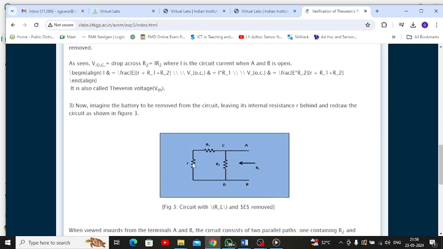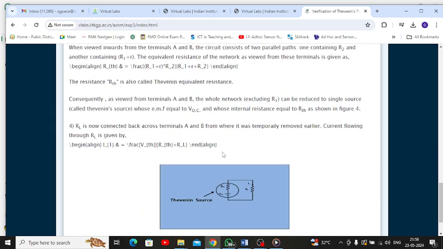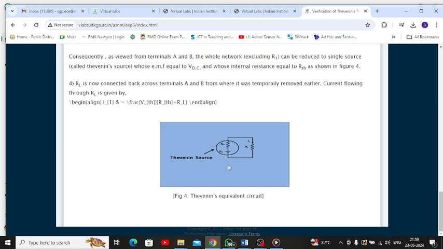Then, if we remove the battery, we are left with only the internal resistance of the battery, denoted by R. If I look from the load direction, we can see the resistance R2, and the other arm is the series combination of R1 and R. This R1 plus R will be parallel to R2, and that gives the Thevenin resistance.